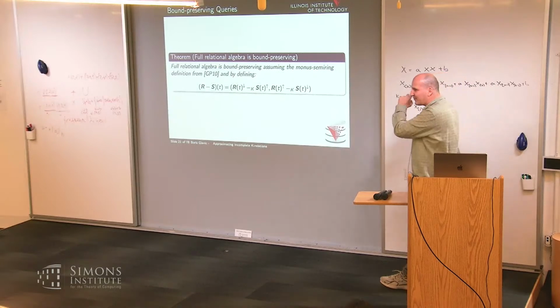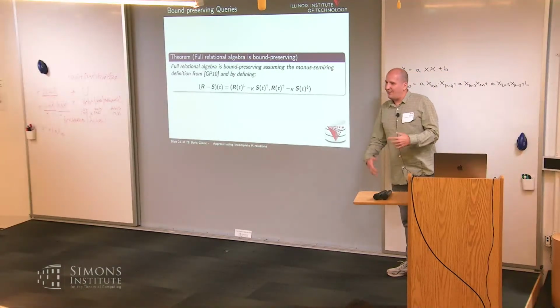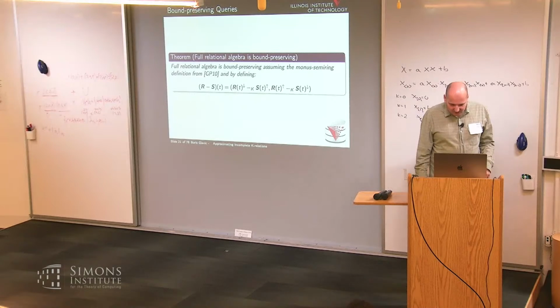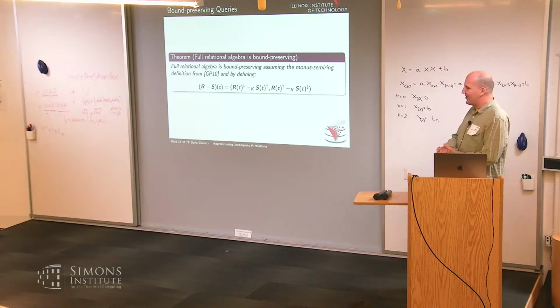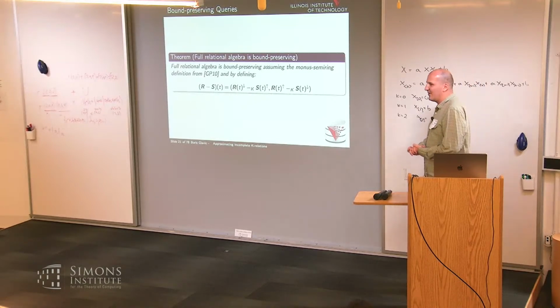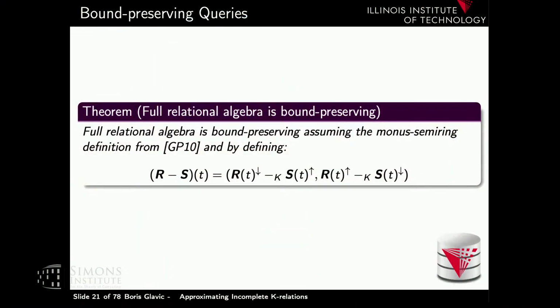Okay, now, more interestingly, perhaps, if we use a monus-semiring definition of the difference operator, then if you apply it pointwise, it's not bound preserving. If you think about it, it makes sense, right? If we start with an under-approximation, this is not monotone. But what we can do is we can define a semantics that works.